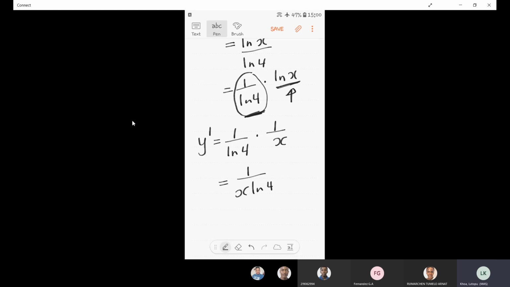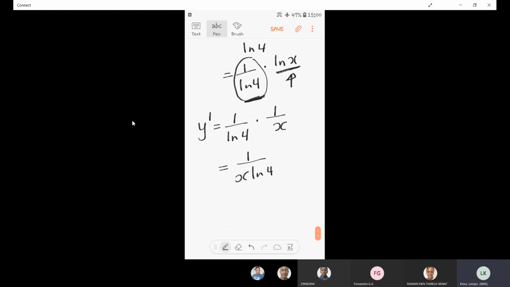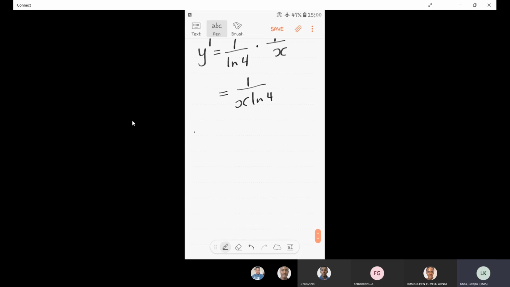Okay, let's look at number 17. I think we can do just one more. Okay, number 17. So here we have phi. This is equal to sine theta minus cos theta minus theta squared.